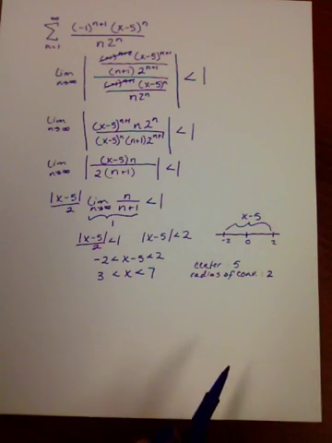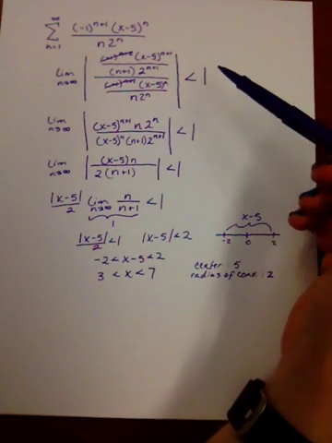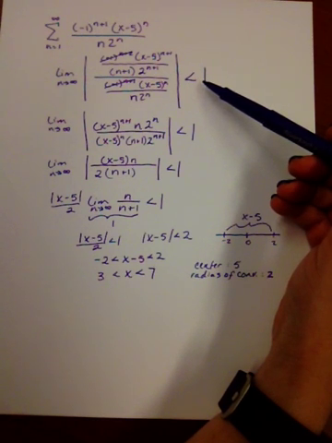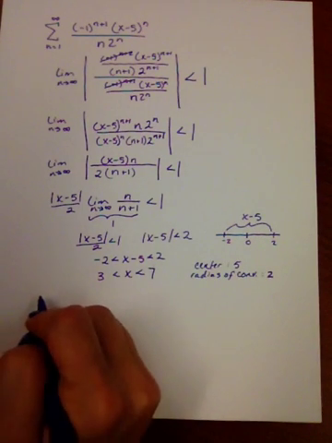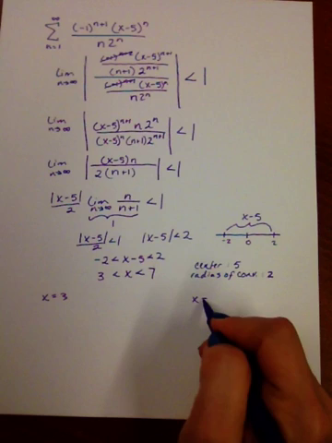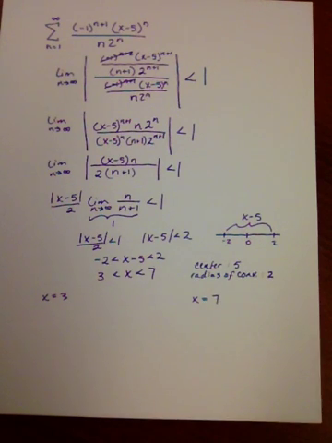What I don't know is my actual interval. The ratio test says that it will converge if this limit is less than 1, but it doesn't say what happens when it equals 1. So what I need to do now is actually determine what happens when x equals 3 and what happens when x equals 7. And we'll do that on the next video.